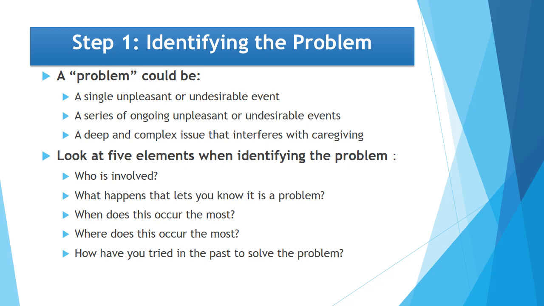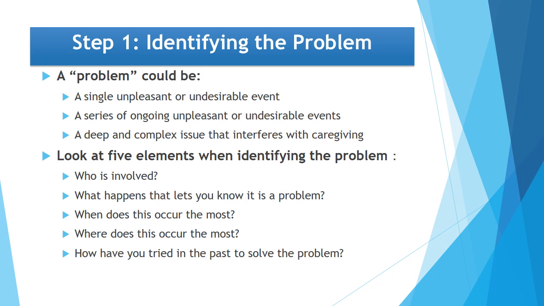It can be an unpleasant or undesirable event which happened in our life, or anything that interferes with caregiving. A problem is a complex situation where the individual or the family members fail to approach it in the expected manner, which means to solve the problem in a desired manner.